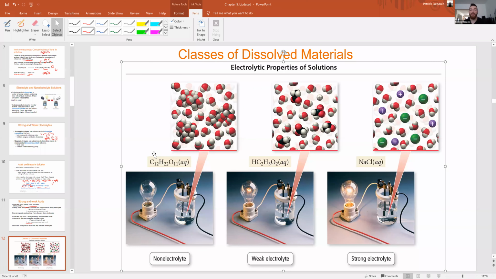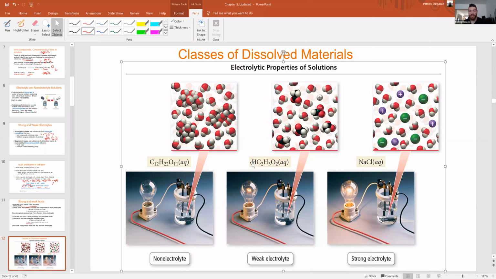That's the Chem 1 rule of thumb: if you see a heavy molecule like a long chain, chances are it's a non-electrolyte. Then you have these ones, which aren't necessarily that long. This is acetate, the acetate ion, C2H3O2.